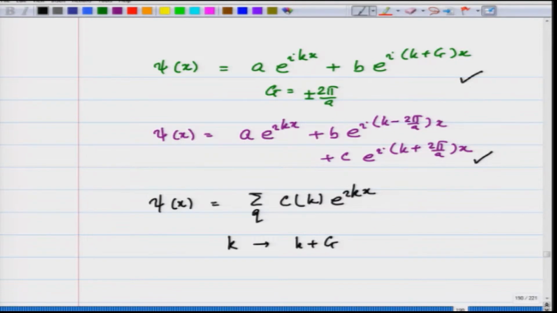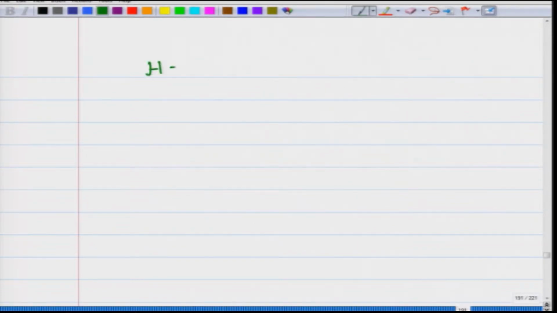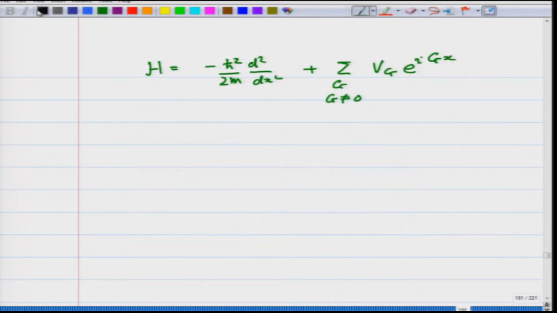So, let us look at the Schrodinger equation. H, the Hamiltonian, is minus ħ² d²/dx² over 2m, plus summation over G, and we have taken G not equal to 0, V_G e^{iGx}. Assume that e^{ikx} is its solution, and substitute it in this Schrodinger equation.